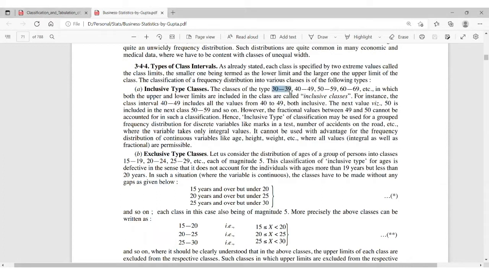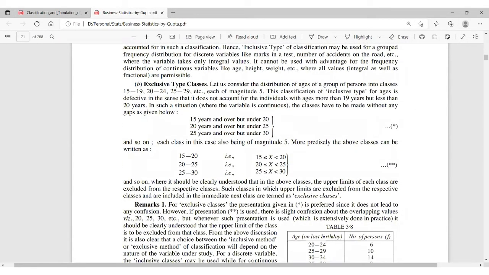Example 30 to 39, 40 to 49. This is called the inclusive classes. In inclusive classes, we include both these numbers, 30 lower term, 39 upper term, right? Upper limit and lower limit.